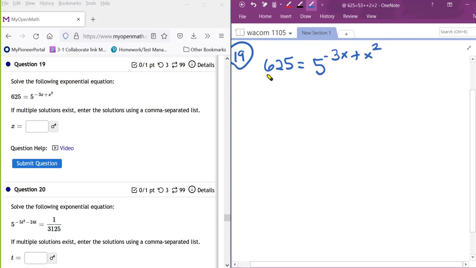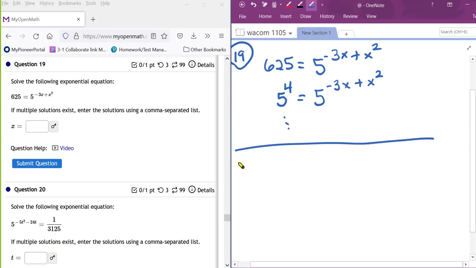Right, so we need the bases the same. 5 to some power gives 625, and we've played with that one a little bit, so you can check it, but it will be 5 to the 4th. And then your exponents are equal. It is going to be a quadratic equation, so you'll get standard form. Move your 4 over. But that's your setup. I'll just put dots so you'll keep going.